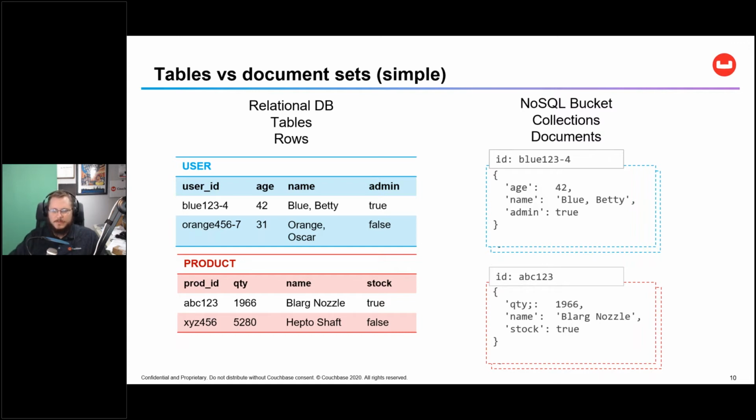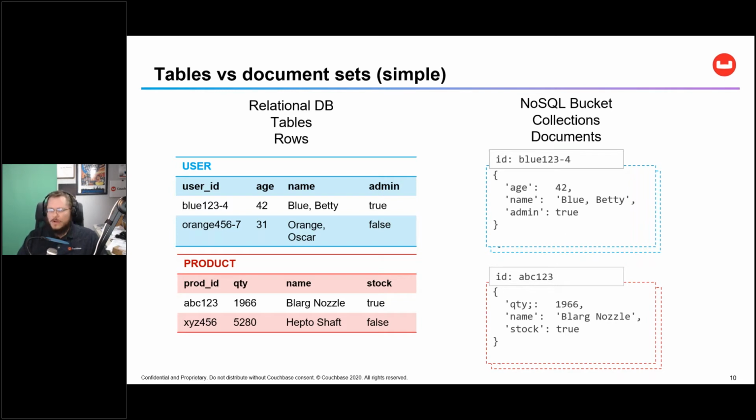It belongs to that table. On the right side, instead of a table, in NoSQL, in Couchbase, we call them a bucket, which is about the same level of hierarchy as a database or a catalog. Inside of that bucket, there are things called collections. And collections have, instead of rows, they have documents.